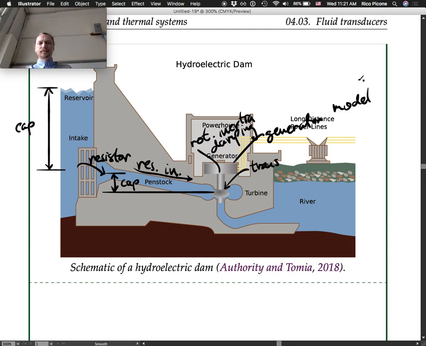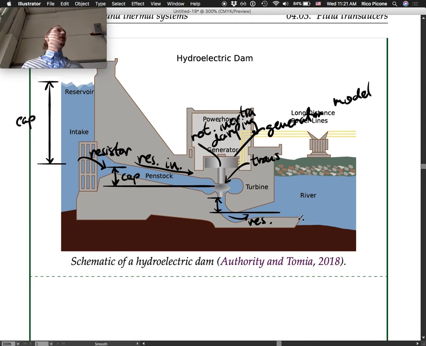And then on the output, we've got some resistance, and it doesn't look like it's as long, so we'll just say there's going to be some head here, and there's also going to be some resistance. Okay, so there's a lot going on, right? But let's see if we can just sort of take it one thing at a time.